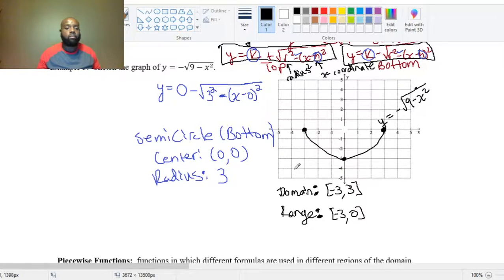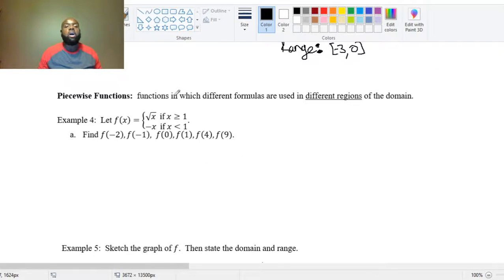Now, these piecewise functions are functions in which different formulas are used for different regions in your domain. There are some applications where you calculate different things for different values of things. For instance, the tax framework, when you pay your income taxes, depending on how much money you make, when you make between 0 and certain thousands of dollars, then you're going to calculate your tax rate at this percentage.